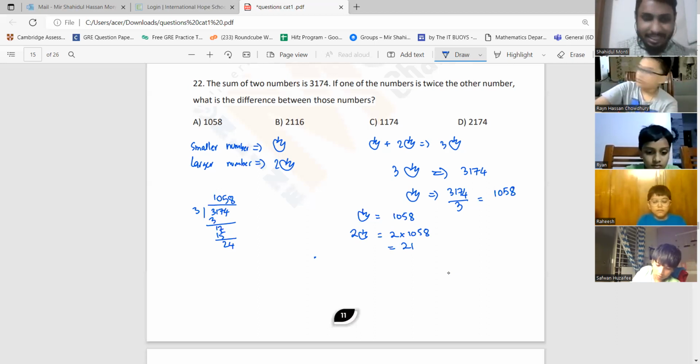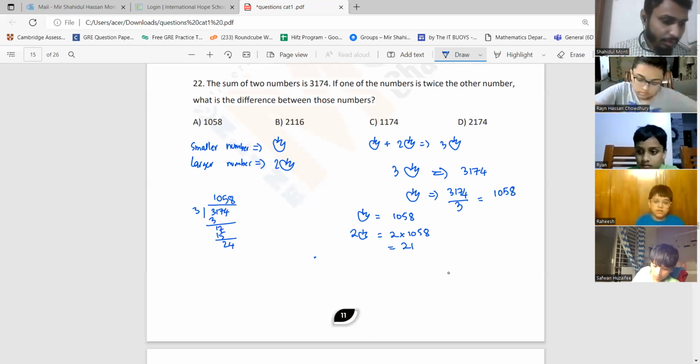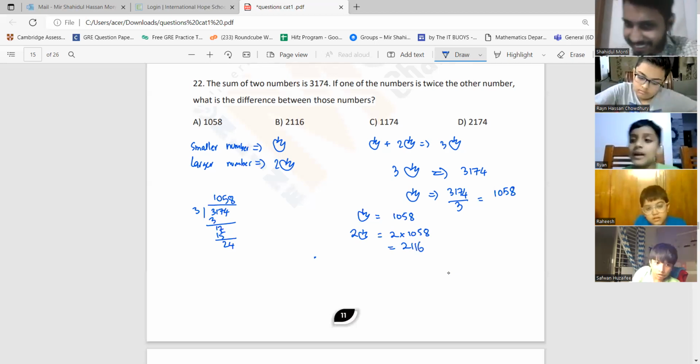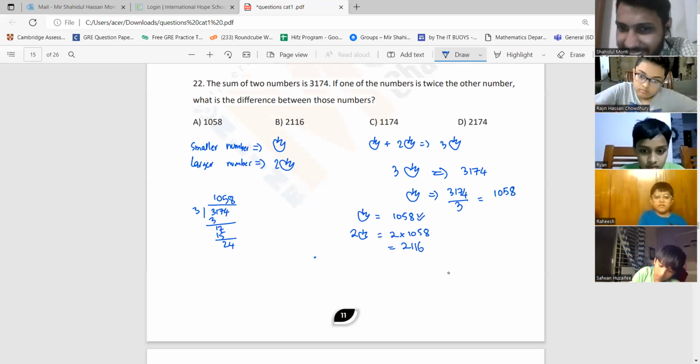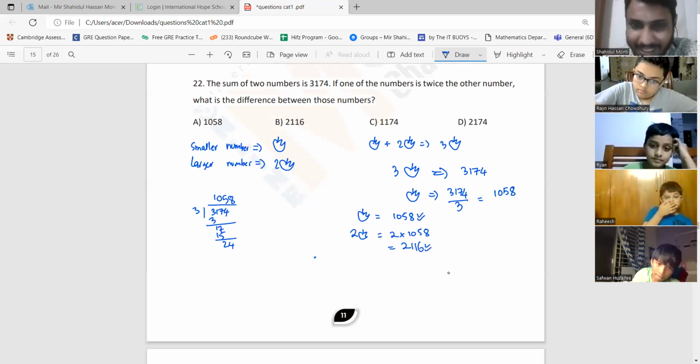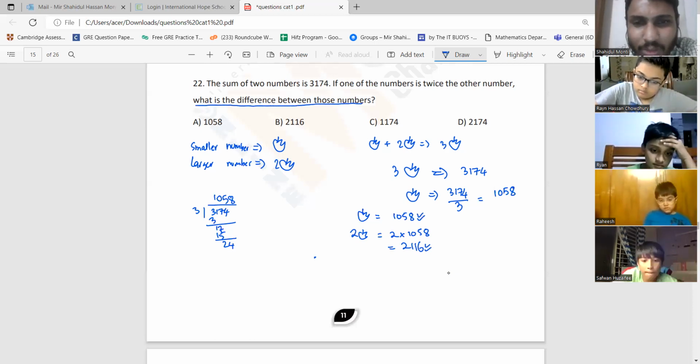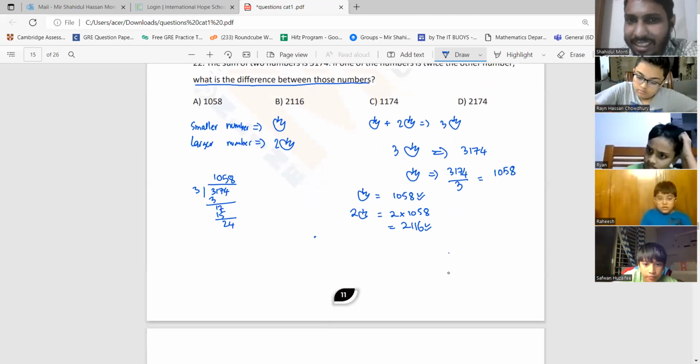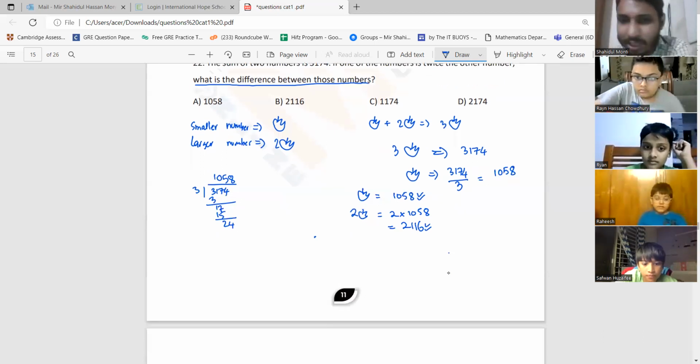Can you help me with this? 2116. Yes, students. So one of the numbers is 1058 and the other number is 2116. We are not done yet, because the question is, what is the difference between those numbers?